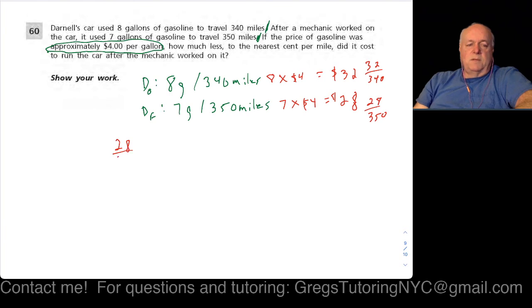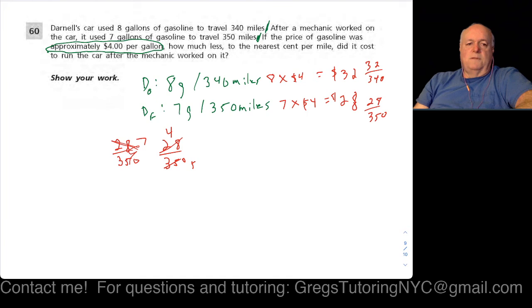We can do the division, but I can figure out that 7 goes into here 4 times. Sorry, I said that backwards. I try to avoid bigger numbers. So 7 goes into here 4 times. And 7 goes into here 50 times.